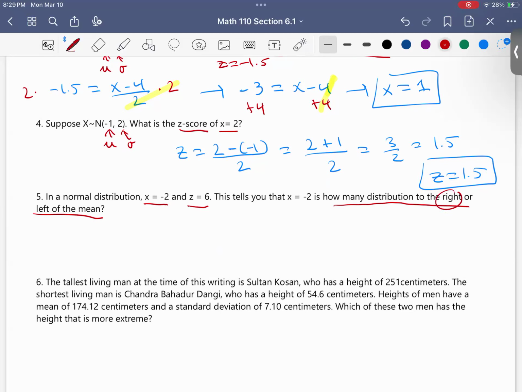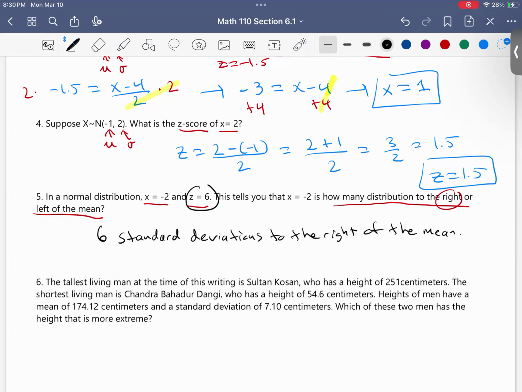But basically what this question is asking us to do is restate what that z-score is. This would be 6 standard deviations to the right of the mean because z equals 6.